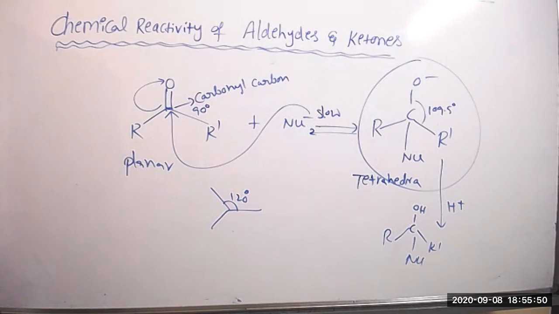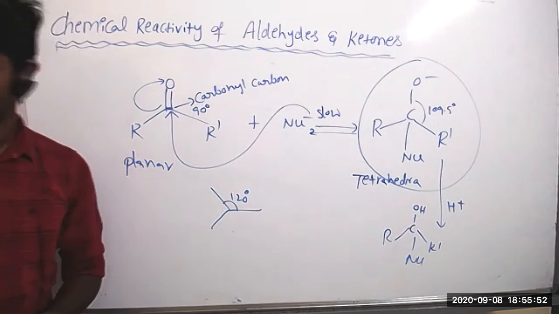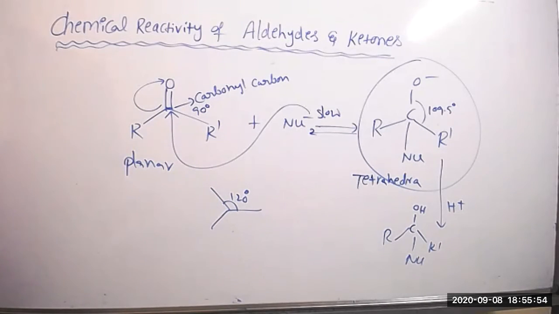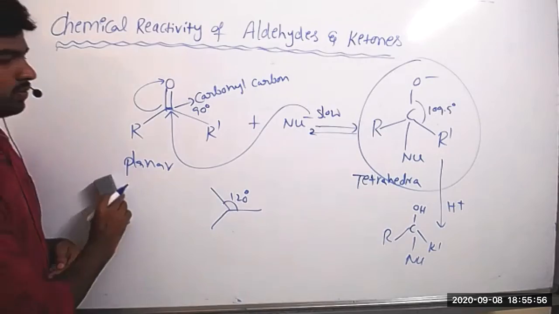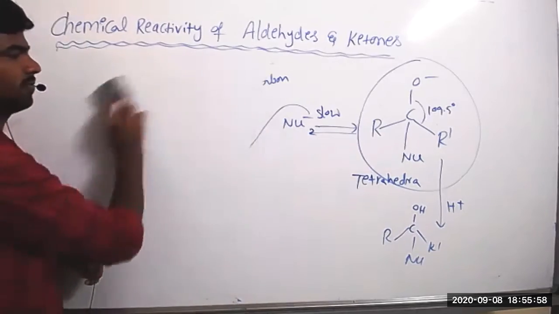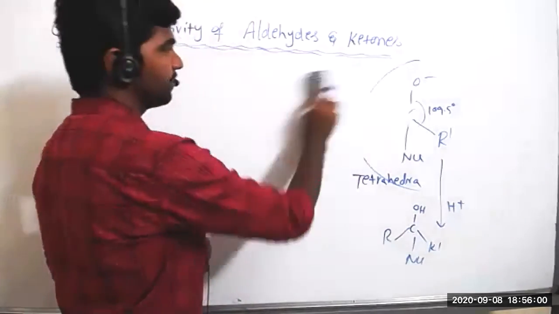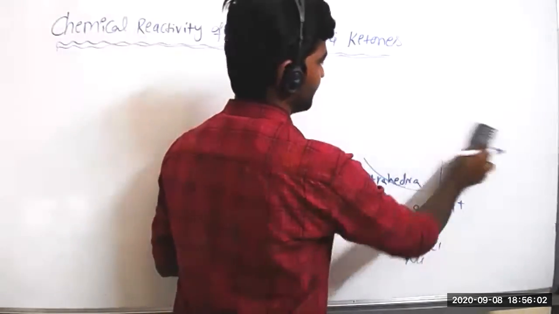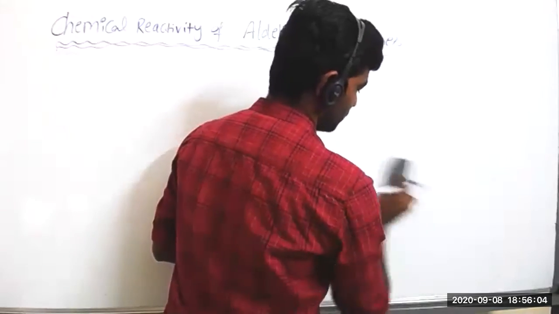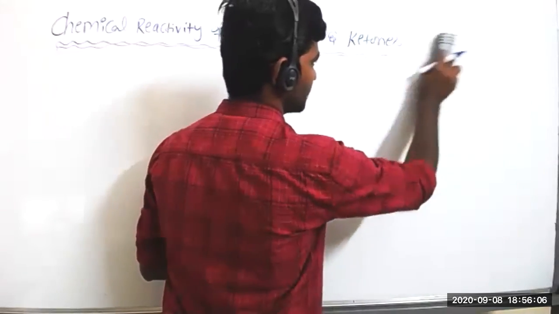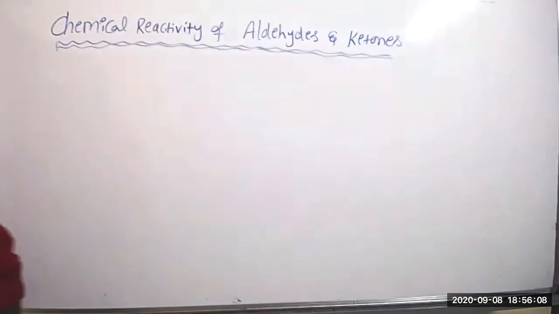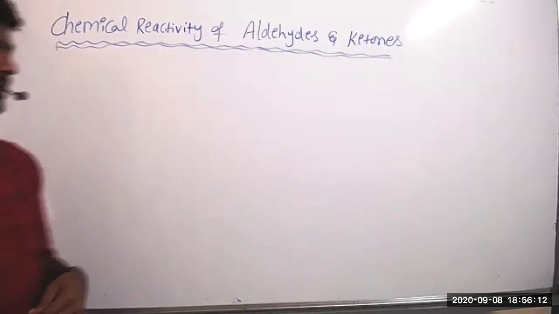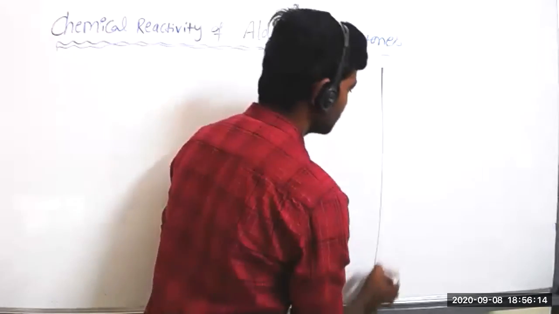Any doubt about nucleophilic addition? So guys, you have to know the difference between addition reactions, elimination reactions, substitution, electrophilic substitution, nucleophilic substitution. See, some compounds I will explain roughly.